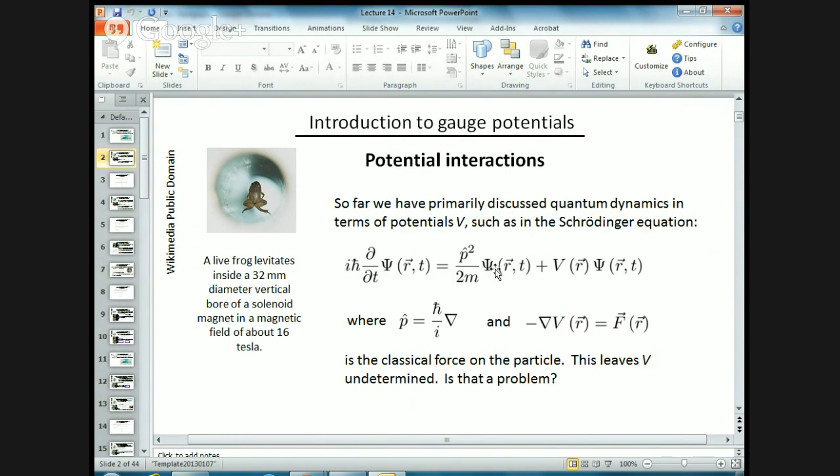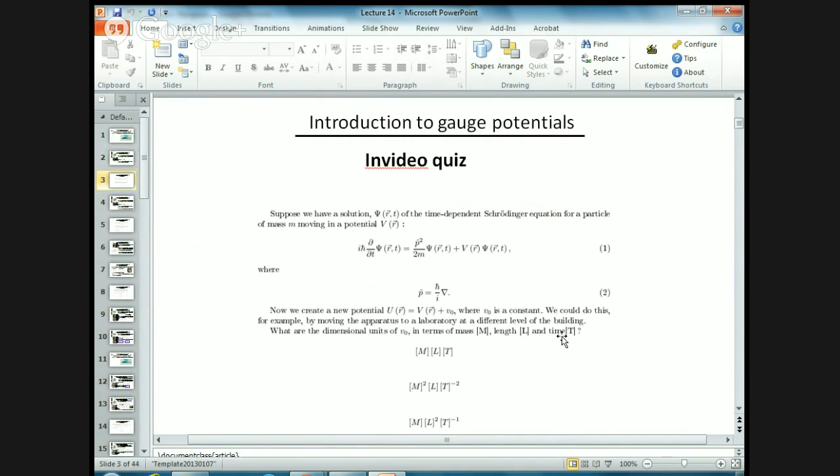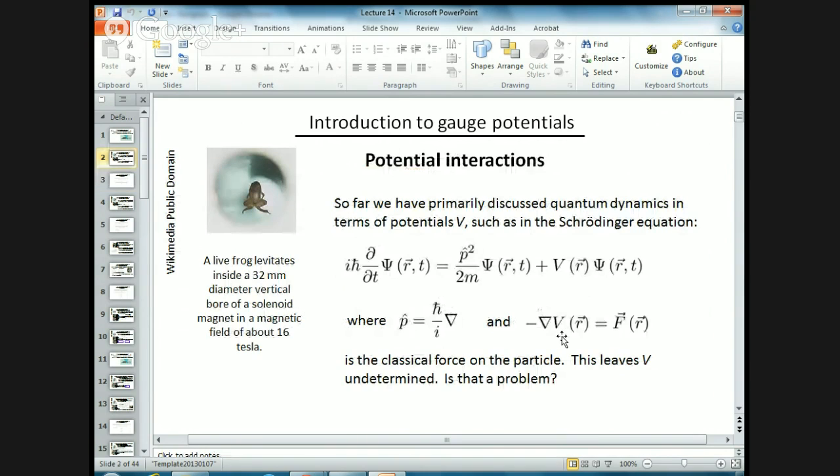So this equation is defined in terms of potentials, and the potential satisfies this equation where F is the force. So it's a first-order differential equation, which means it's undetermined uniquely. It has, in particular, an arbitrary constant. So is that a feature or a bug?